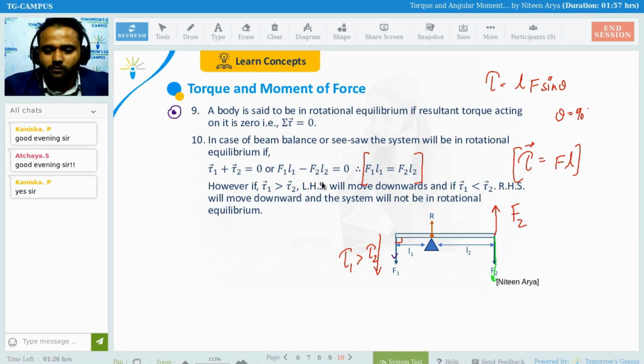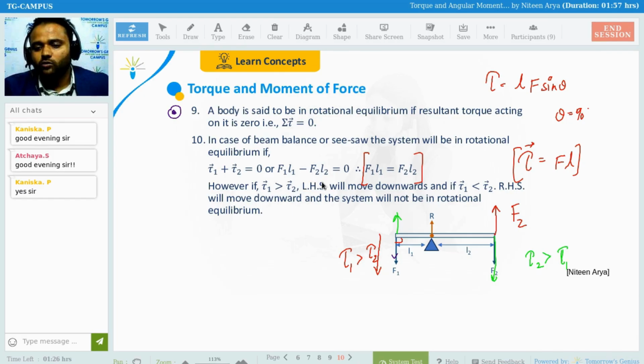Or if it is going to be more, it is going to be down or up. So in this particular case, tau 2 greater than tau 1, the RHS will move downward, and if tau 1 is lesser than tau 2, the system will not be in rotational equilibrium.